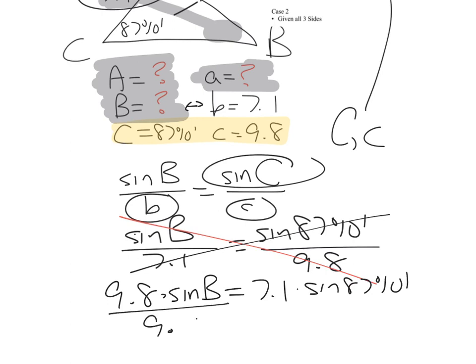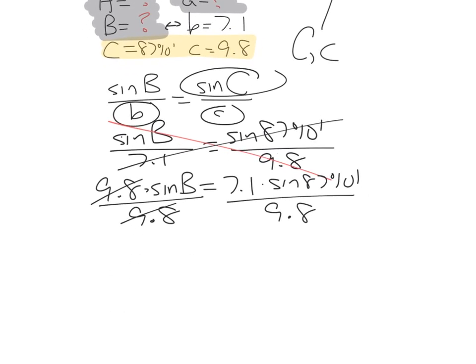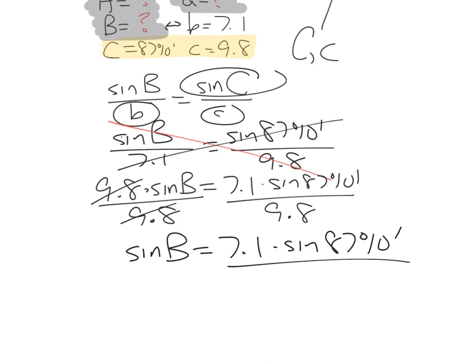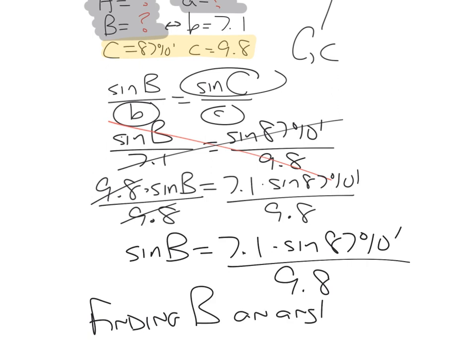And then to solve for the sine of angle B, I'm going to divide both sides by 9.8. So the sine of angle B equals 7.1 times the sine of 87 degrees and 10 minutes over 9.8. And remember, I'm finding an angle.